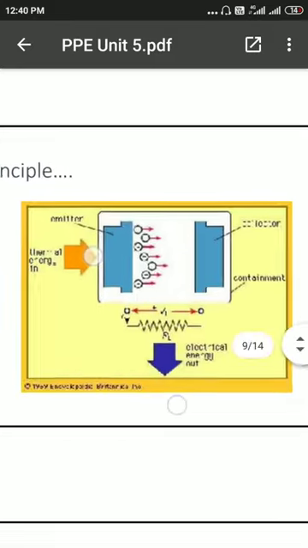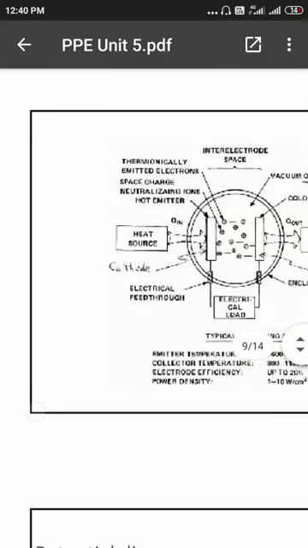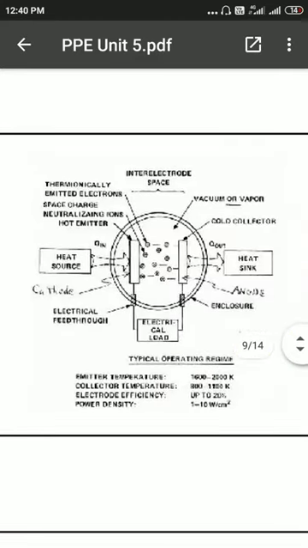Due to this motion of the electrons, electricity is generated, or EMF is generated. This is the heat source, and the heat sink is the collector. The circle shows that a vacuum control system is there for this.